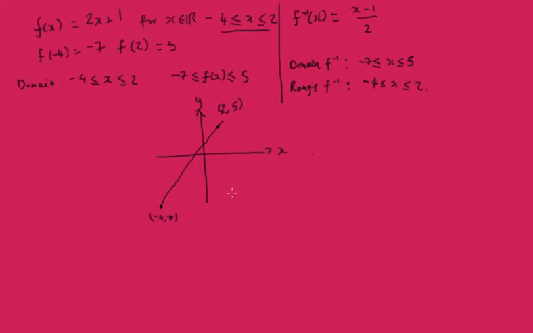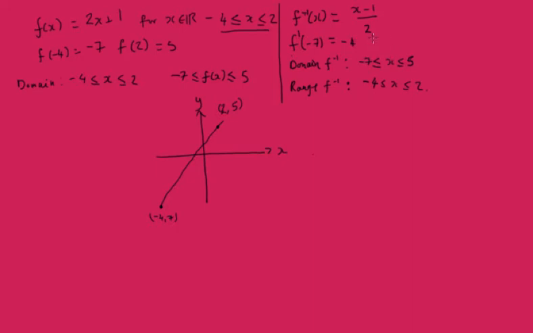And then we're going to get this kind of line here. Now, for the inverse, the inverse of f of minus 7 is going to be equal to minus 4.